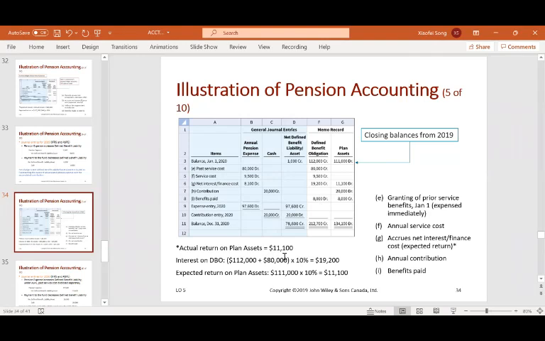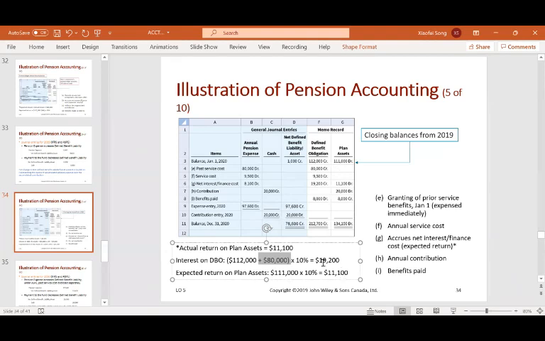As we said, we add this one here, because the amendment is at the beginning of the year. So the interest is 19,200, and the expected return is just the beginning balance at 10%, which is 11,100.